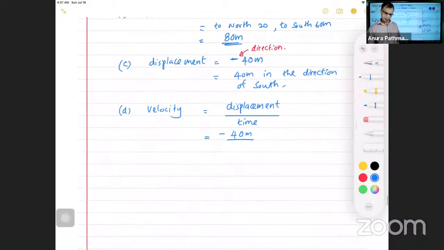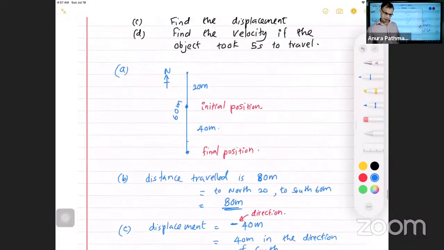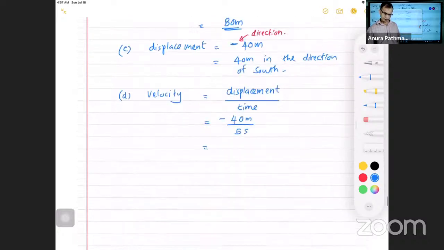And time is, what's the time it says? 5 seconds. The answer is 8 meters per second. It gives a negative value because it is to the opposite direction, not to the particular direction.